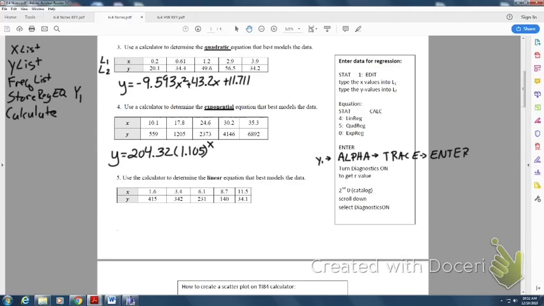What that stands for is, where do you want to store the regression equation? Okay, if you put y1 there, then it's copy and pasting the equation that it's coming up with into y1. Whenever you have to make a prediction with that equation, and later in the notes we'll have to do that, having that in the y equals is going to save you a lot of time. For example, if on number 3, let's say I asked you what is y whenever x is 5.6.